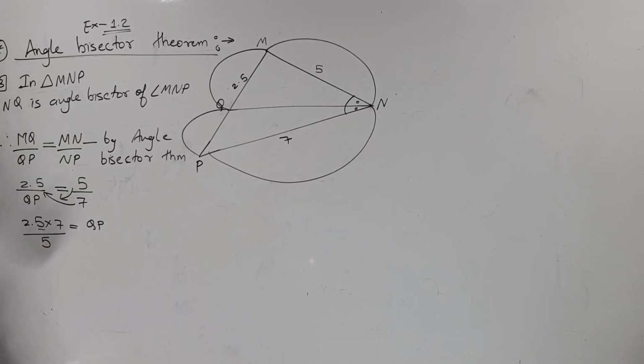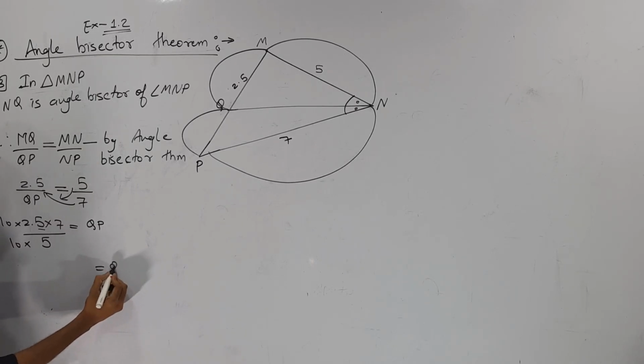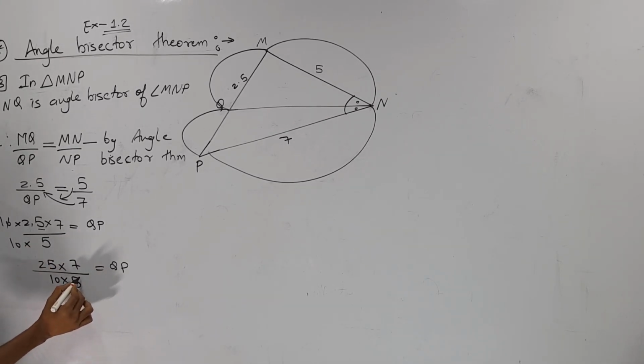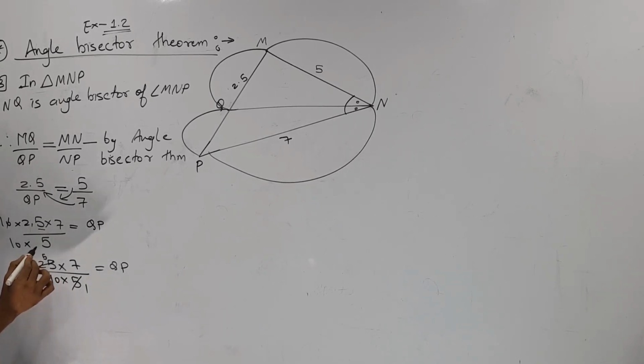Now let us divide them. After the decimal there is 1 digit, so I'll multiply by 10 on both sides. With this 0, the decimal cancels, so we'll get 25 into 7 upon 10 into 5. Let us divide them. 5 ones are 5, 5 fives are 25.